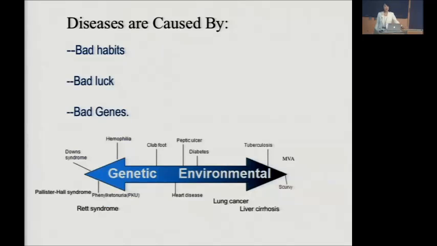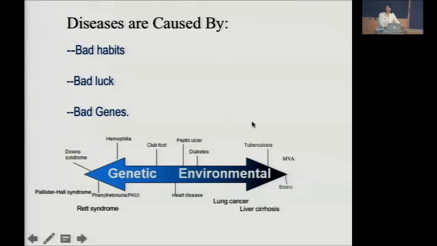When I was a medical student, I remember a surgeon told me that diseases are caused by bad habits, bad luck, or bad genes. I have remembered that to this day. If I recast that in this genetic environmental continuum, you could say that people who engage in smoking or drinking can develop lung cancer or liver cirrhosis.